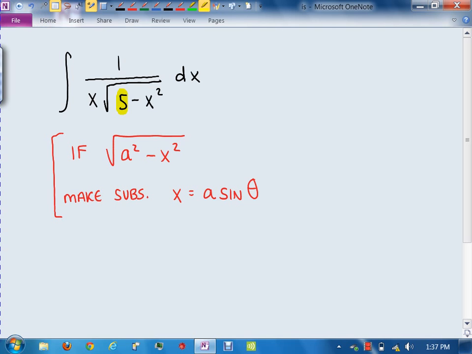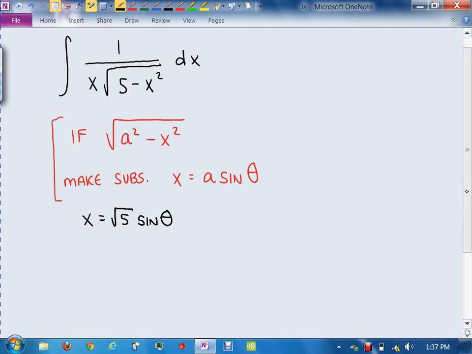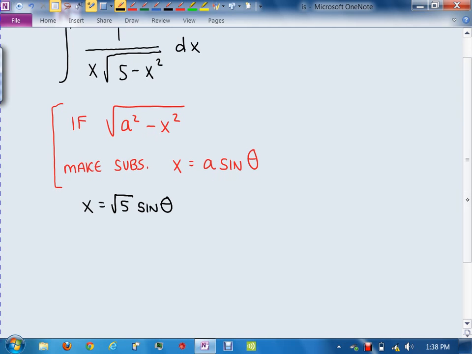So here's our substitution: x equals root 5 sine theta. That's what trigonometric substitution tells me to do. If I see a square root of a number minus the variable squared, I make that substitution and things should become nice. We'll see.